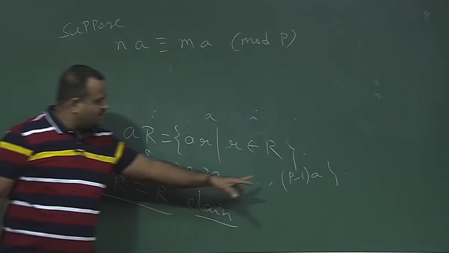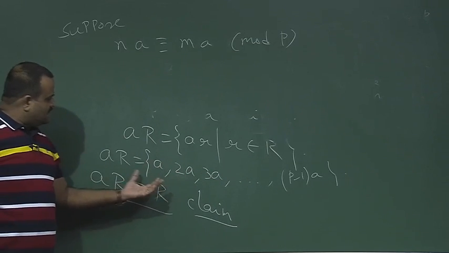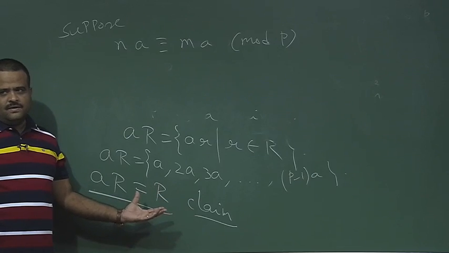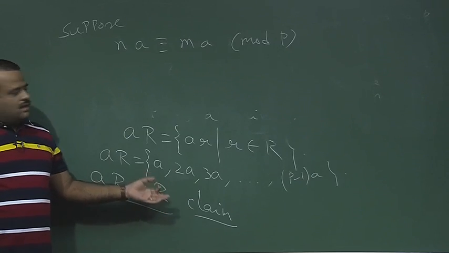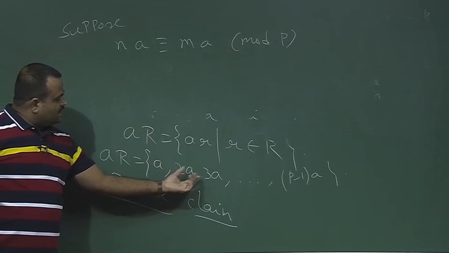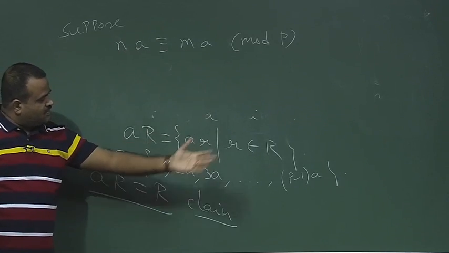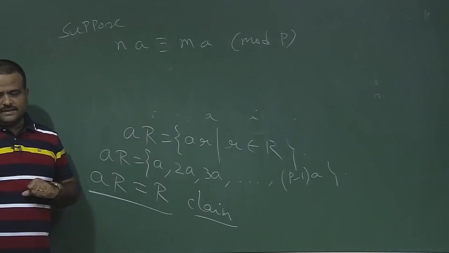So, these are all distinct elements. If these are all distinct elements, then that is basically R. To prove that, suppose they are not distinct, suppose there are two elements N A and M A, where N and M are less than or equal to P minus 1, that are the same.